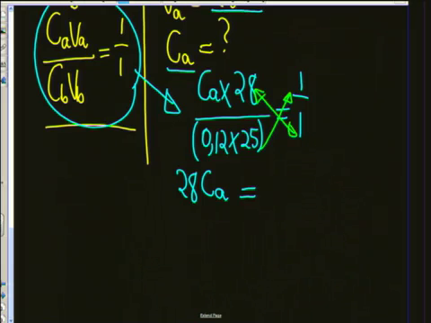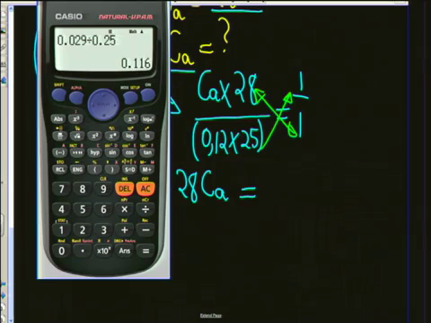So 1 times that remains as it is. So it's 28 Ca equals 0.12 times 25 times 1. What will that be? All right, so we work it out here. 0.12 times 25. This will be times 1, so it will remain what it is.